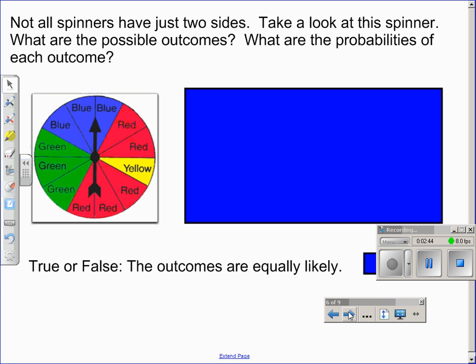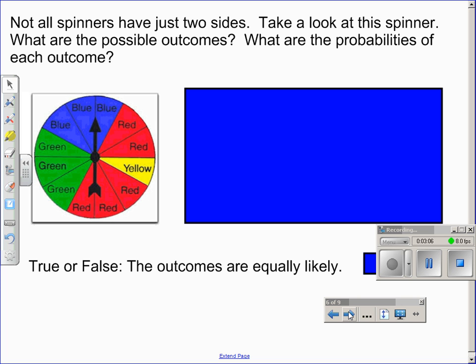Not all spinners have just 2 sides. Take a look at this spinner. And here are a couple of questions for you to consider. What are the possible outcomes? And what are the probabilities of each outcome? So in a minute, you're going to pause this video. You're going to take a look at the spinner.